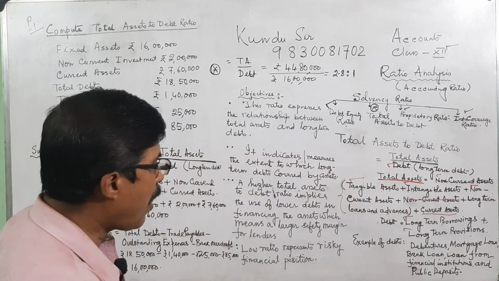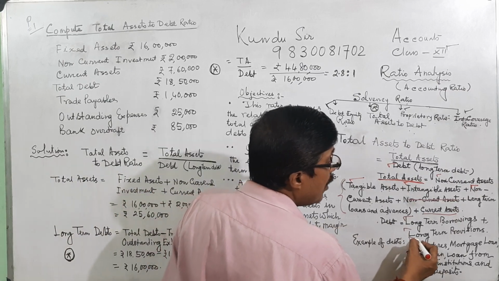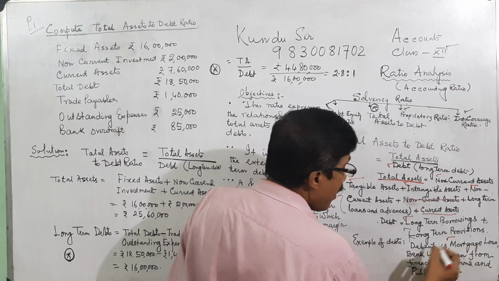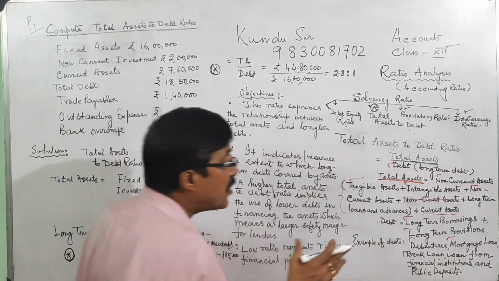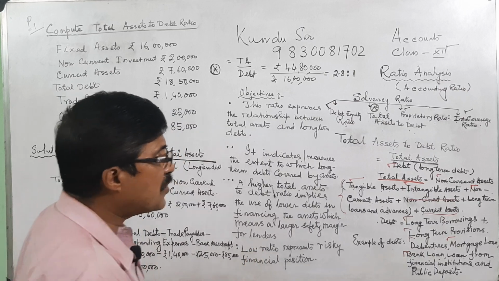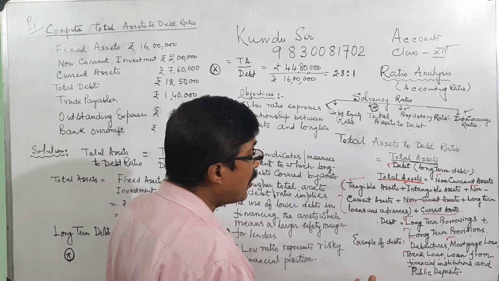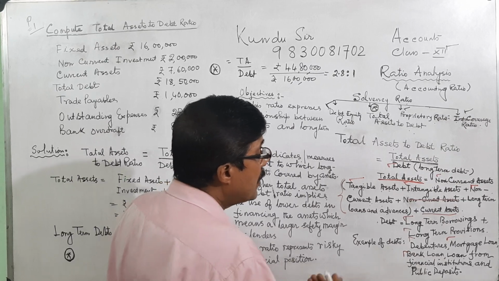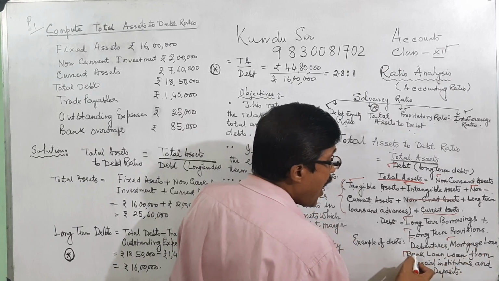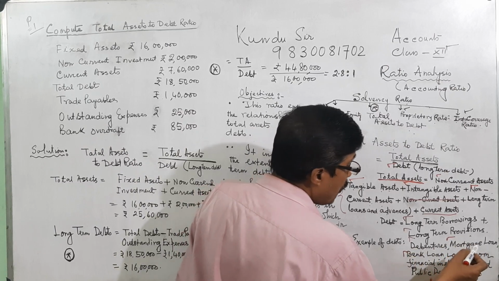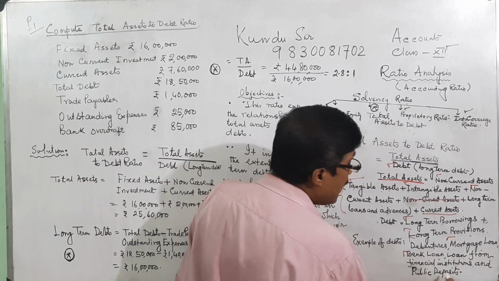What are the examples of this? That is debenture, mortgage loan, bank loan, or loan from financial institutions like ICICI, IDBI, SIDBI, etc. Those are the financial institutions giving finance. So, debenture, mortgage loan, bank loan, loan from financial institutions and public deposit.